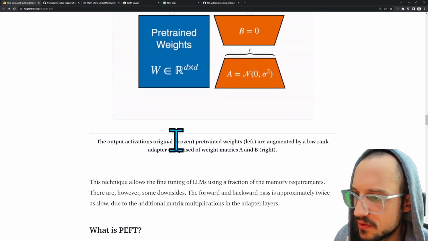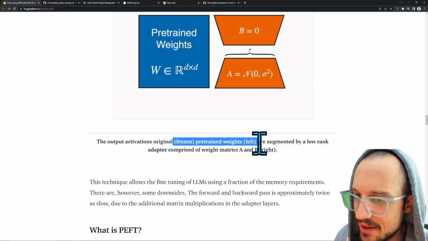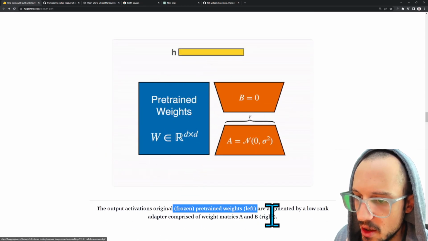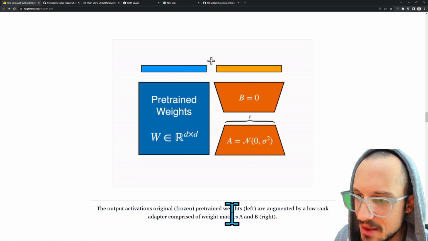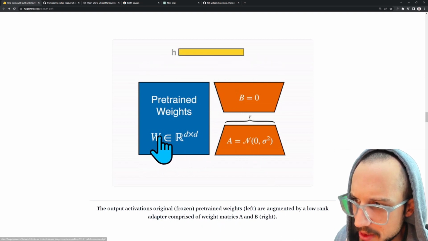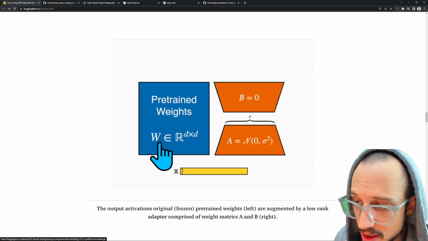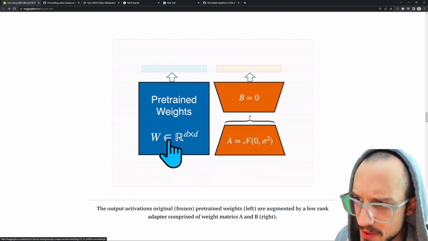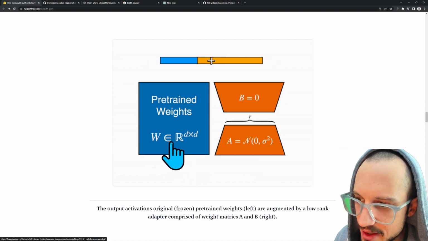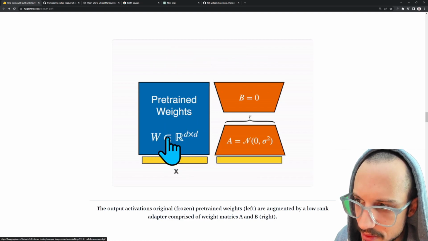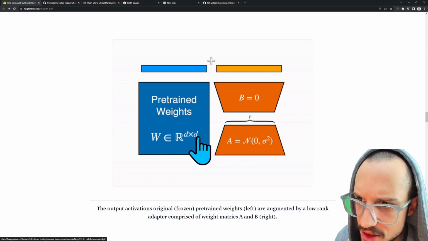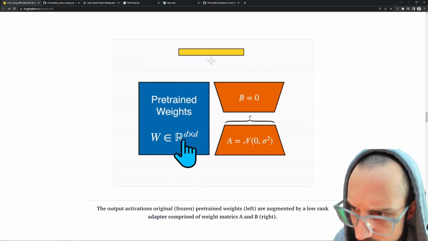Output activations for the original frozen pre-trained weights are augmented by a low rank adapter consisting of weight matrices A and B. So what does the math here mean? This is W, which is going to mean a matrix W. And this here tells you that the dimensionality of that matrix is D by D. So it has D rows and D columns, right?